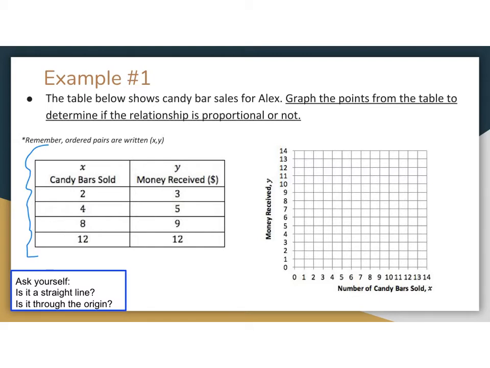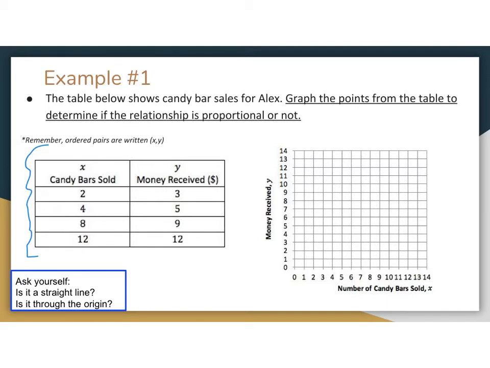So now that you have your table down, you are ready to start plotting points. It is a little difficult to plot points on this iPad, so if it's not perfect, just bear with me, make it as perfect as you can on yours.